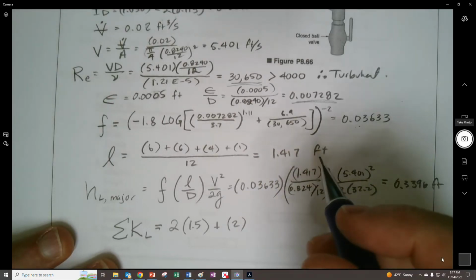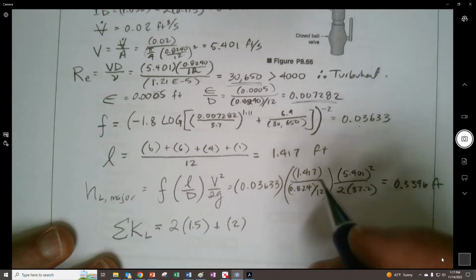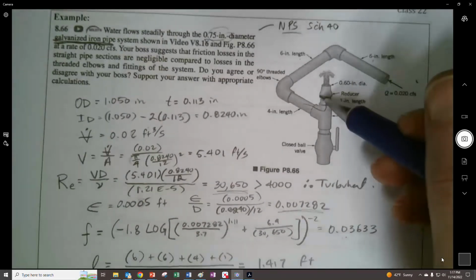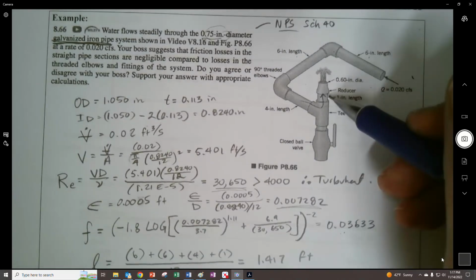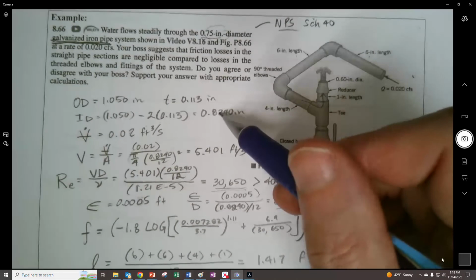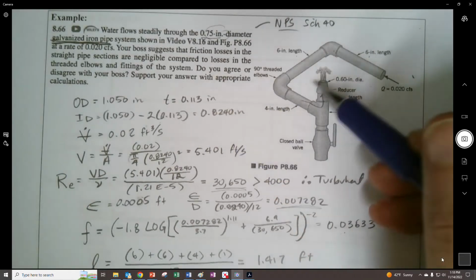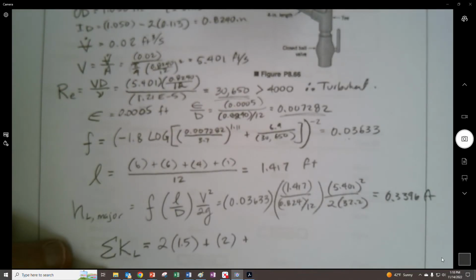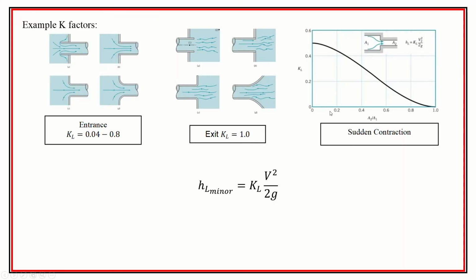And then what else do we have? Oh, we also have a change in diameter right here. So we went from 0.824 and went to 0.6. So in order to get that, we have to go back to this.